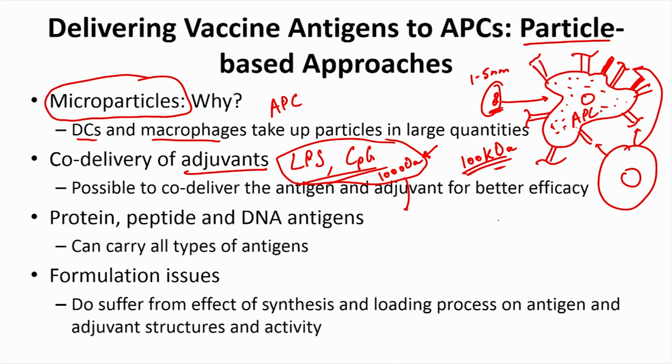But what happens if I also encapsulate these adjuvants along with these particles, then that means wherever there is a high concentration of your protein, there is a high concentration of your adjuvants as well. So, that would mean that for the dendritic cells that have taken this, or for the macrophages that have taken the protein, there is a high chance that you also have co-stimulatory molecules present to trigger an enhanced immunity, or basically to trigger these leukocytes to go towards the immune response rather than going towards the tolerogenic response.